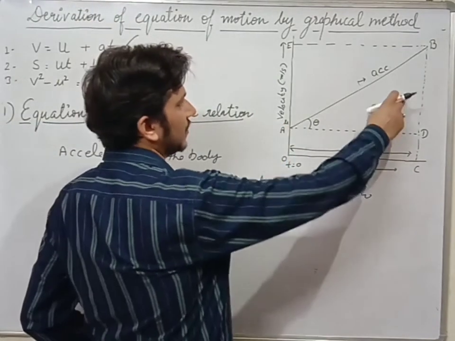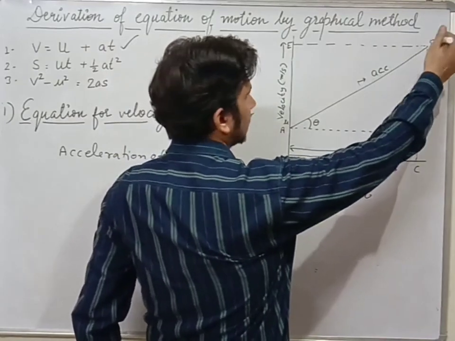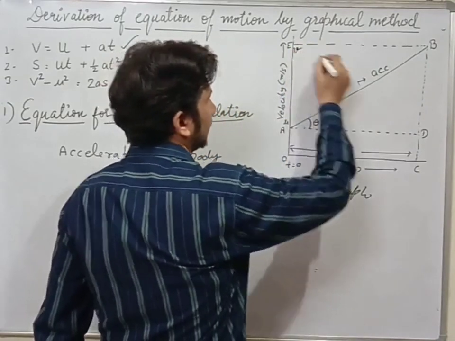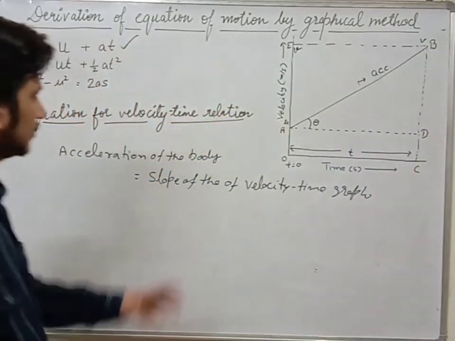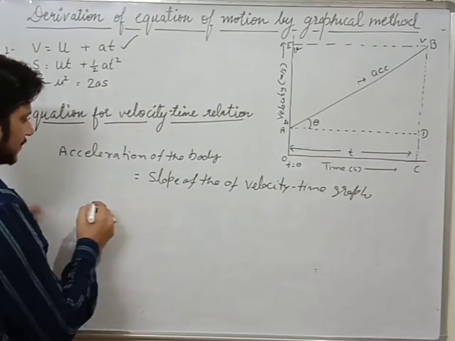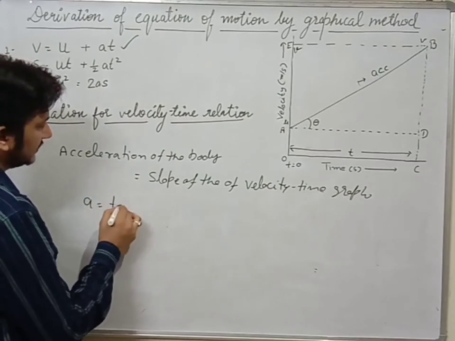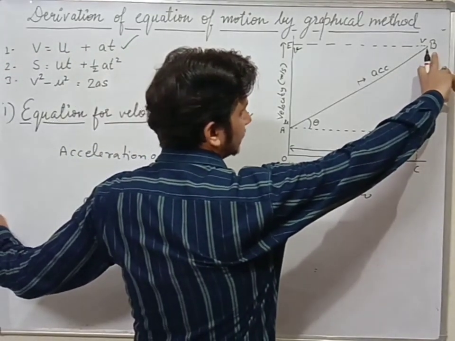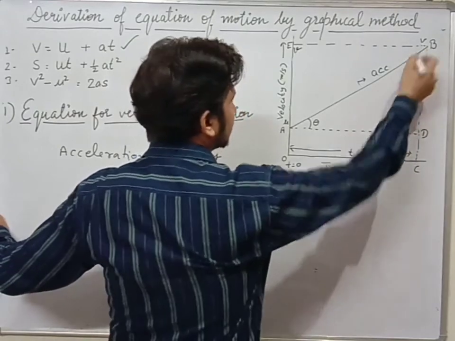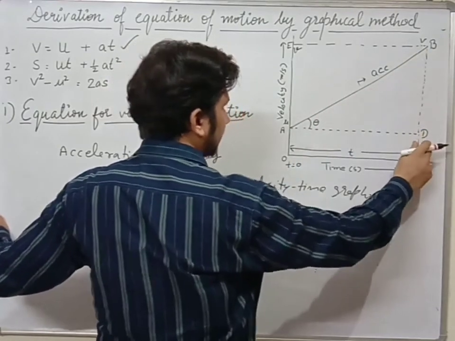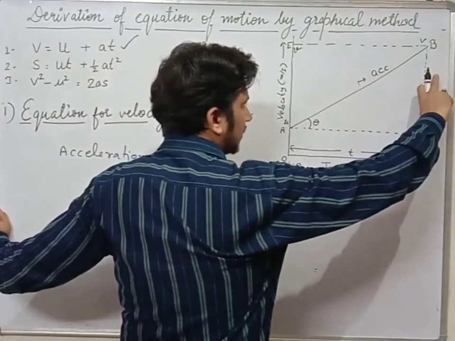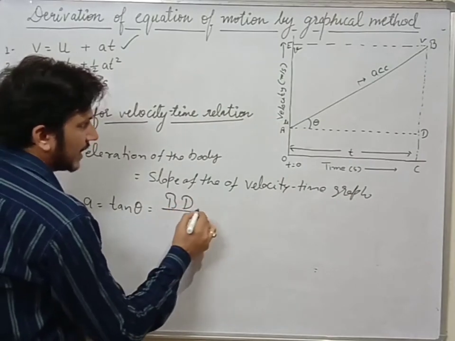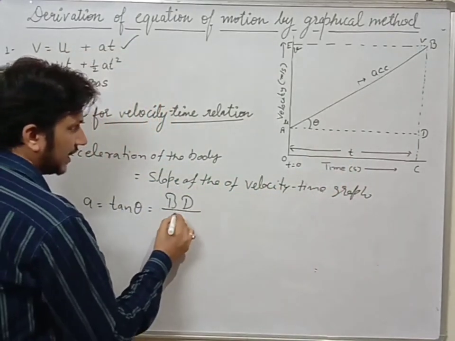After t time its velocity will be v, and v equals OE. So we can find the slope: acceleration equals tan theta, and tan theta equals the perpendicular BD of this triangle ABD divided by the base AD.